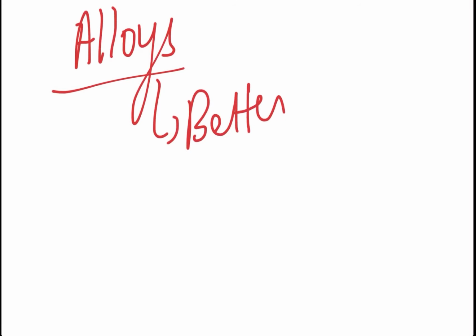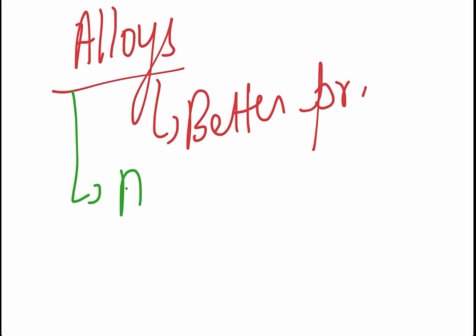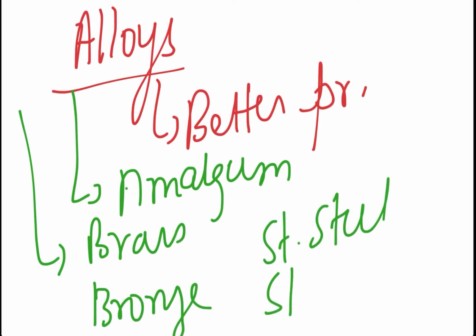The shortcomings which a metal has are overcome in its alloys, so better properties is the main reason. NCERT covers alloys in detail, including amalgam, brass, bronze, stainless steel, etc. You have to prepare what metals make these alloys and what the use and property of each is. Make an alloy table in your books.